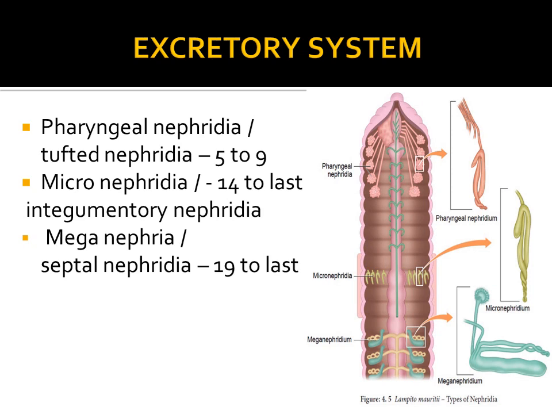This is performed by a group of organs, hence it is called the excretory system. In the human body, we have complicated excretory organs. Could you remember what these are? Yes, the kidney.